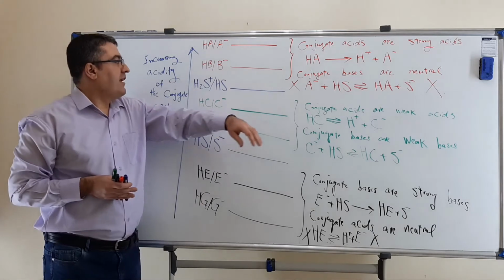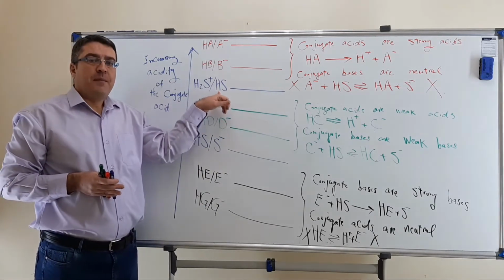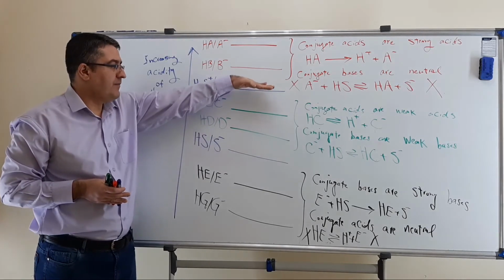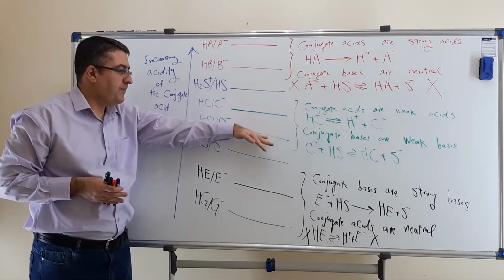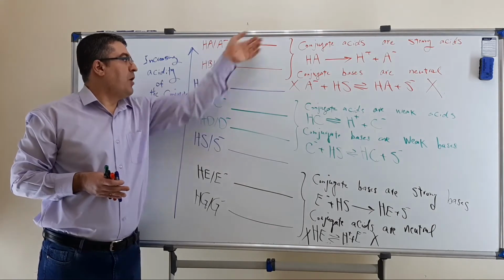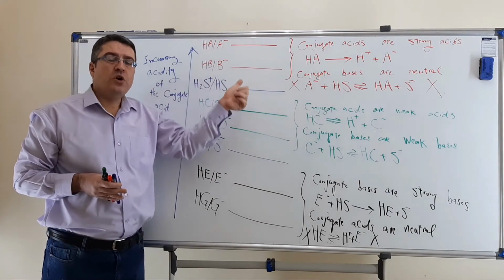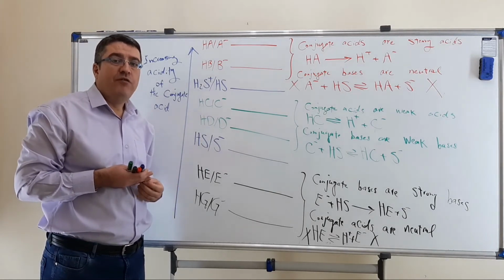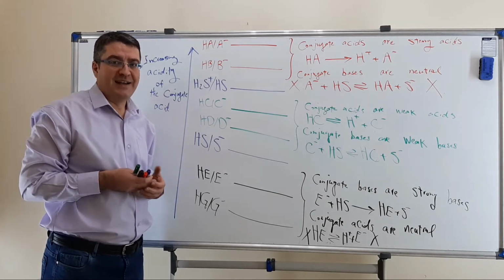On the other hand, if the basicity of the solvent increases, this space above increases, so the solvent can be a leveling solvent for more acids, for weaker acids.